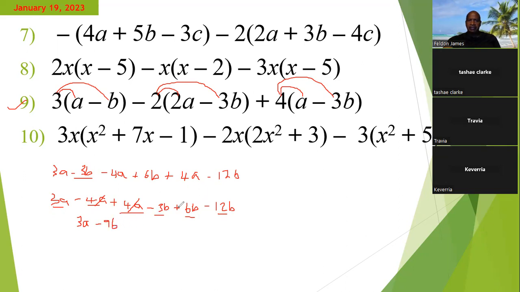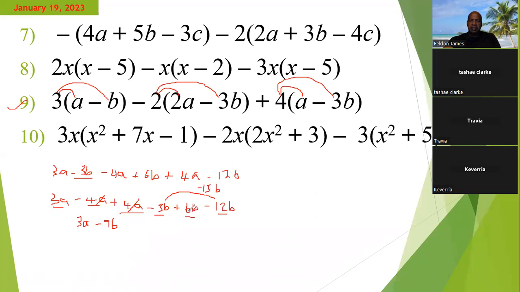What is that? Sir, go again, please. All right, so negative 3 plus negative 12 gives you what? Negative 15. Negative 15B. And now you have positive 6.